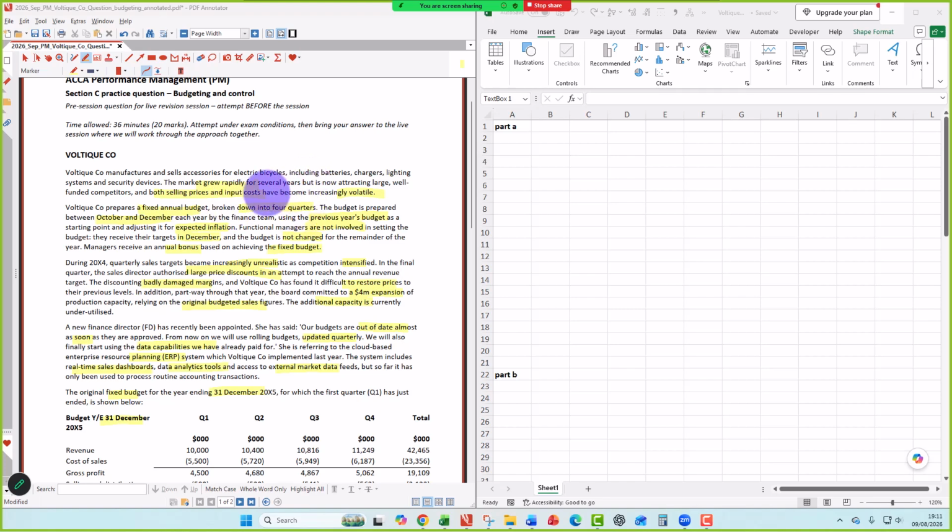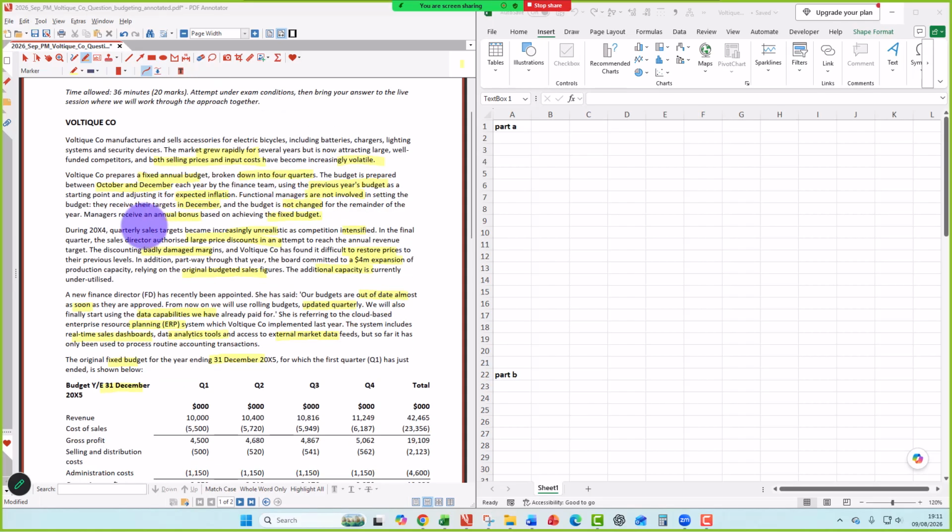So the key things I've highlighted, we've got a market that grew rapidly initially, but then bigger, better funded competitors now means that selling prices and costs have become more volatile. This company, Voltique, they use a fixed annual budget, which they do on a quarterly basis. But as it says, it's set between October and December, and the budget is for the year to December.